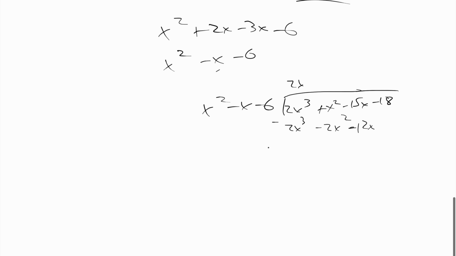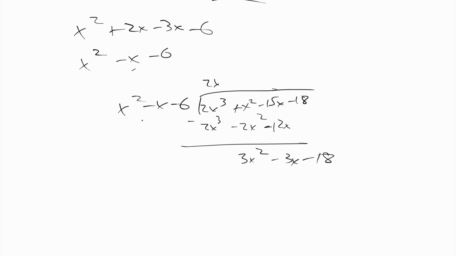Subtracting, we get 3x squared minus 3x, and minus 18, just bring that down. Then x squared goes in plus 3, giving 3x squared minus 3x minus 18, and if we subtract them, we get 0.